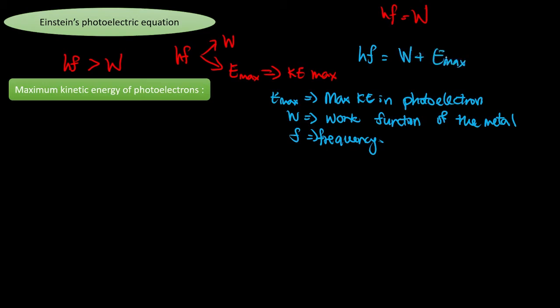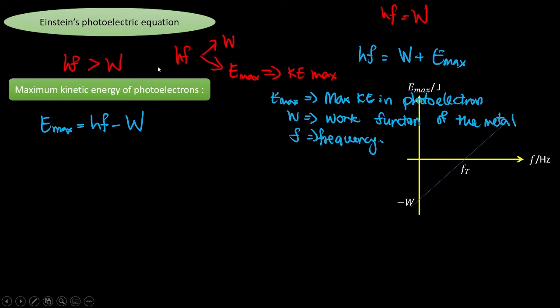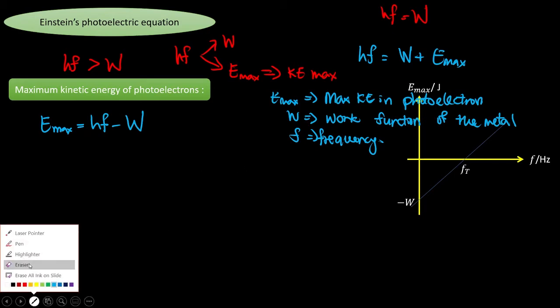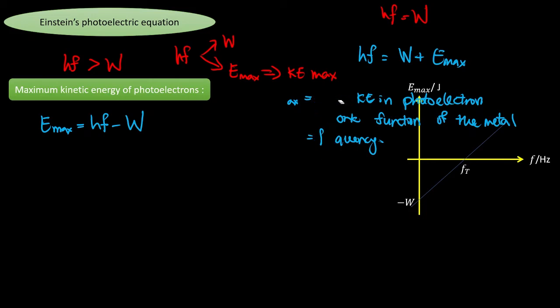You see that the maximum kinetic energy can be written as hf minus W. If you see these relations and draw a graph, you'll find that E maximum, the KE maximum, is not directly proportional, but depends on the f.